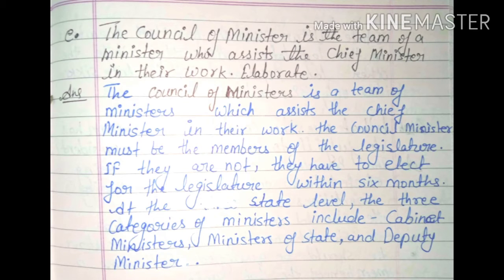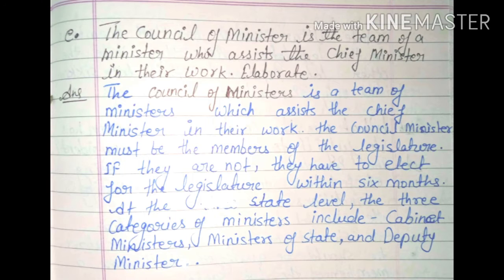The council of ministers must be the members of the legislature. If they are not, they have to get elected to the legislature within 6 months. At the state level, the 3 categories of ministers include cabinet minister, ministers of state, and deputy ministers.